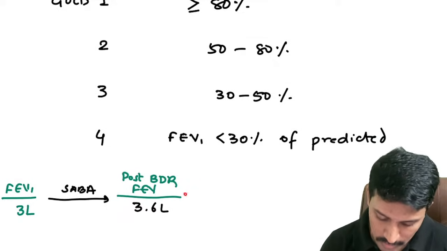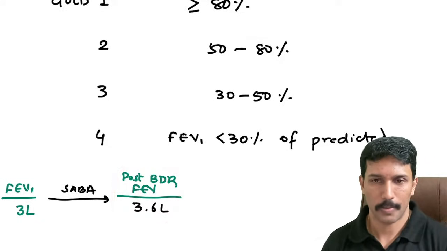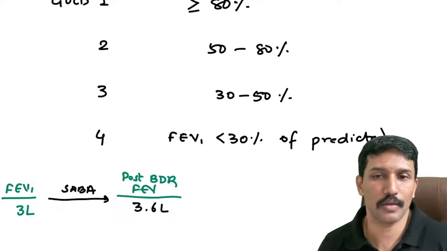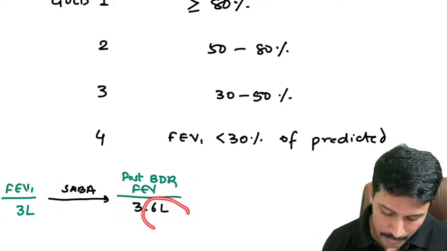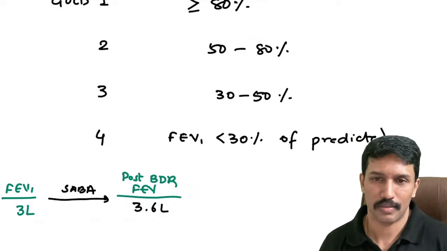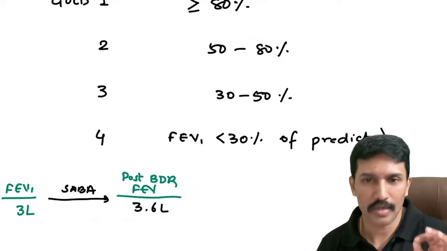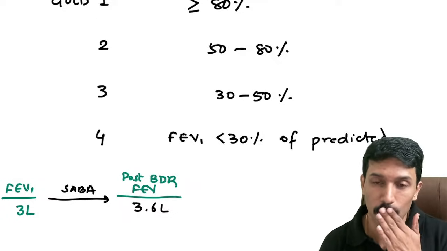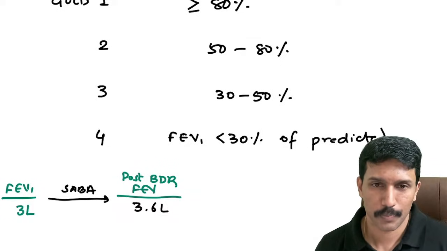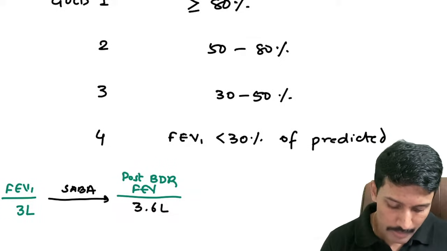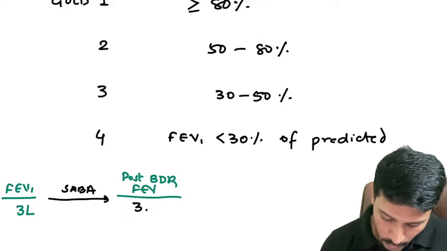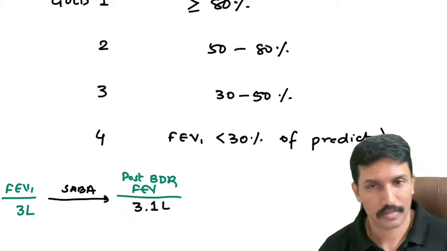Now compared to the previous FEV1, how much percentage increase did I get? I got a 20% increase. 3 liter to 3.6 liter is 20%. So if this patient had obstruction, FEV1 by FVC ratio less than 0.7, then this patient will be called as having asthma, right? But instead of 3.6 liter, let us say I got 3.1 liter.